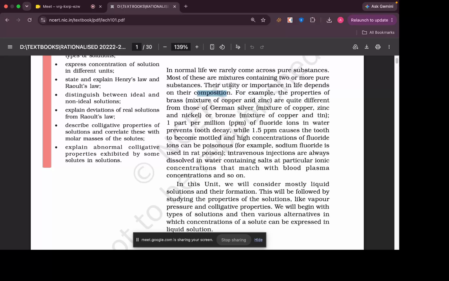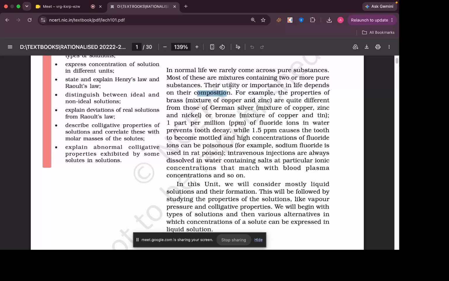Second, their utility or importance in life depends on their composition. We know that, so this line you can leave, because we know how the composition will be in the mixture. Different types of mixture will form. Let's say if I take rice and dal, we will get rice and dal. If I cook dal in a different way, in a different composition, I will get sambar.